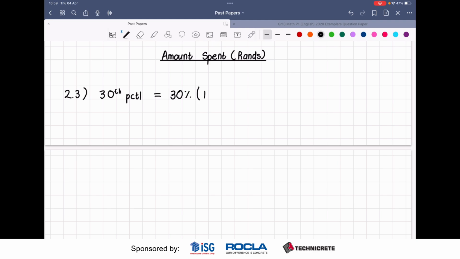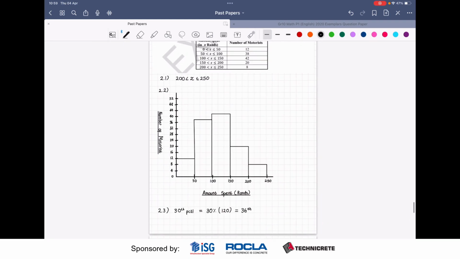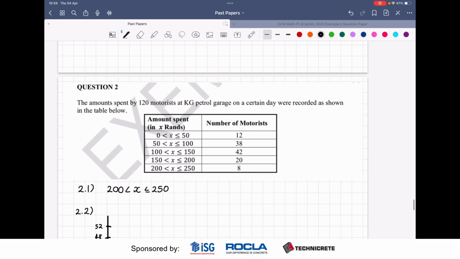So I was told in the question that I have 120. And 30% of 120 is the 36th motorist. So I want to find, and it asked me to find the class in which this 36th motorist lies. So I go back to my information, and it looks like they would lie in this class, the 50 to 100.